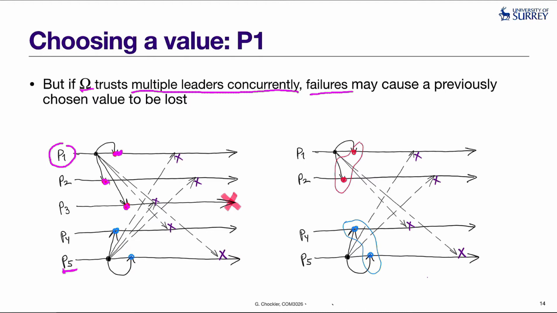Okay. And so P5 goes ahead and proposes its own value, say blue value, which is different from the red value of process P1, and because we have to satisfy the property P1, every process needs to accept the first proposal it receives, provided it has not received any other proposals yet.